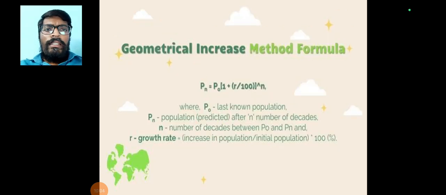Here for the geometrical increase method, the formula is given. Pn is equal to P into (1 plus R by 100) to the power n, where Pn is the future population, P is the present population, R is the growth rate, increase in population by initial population into 100, and n is the number of decades.